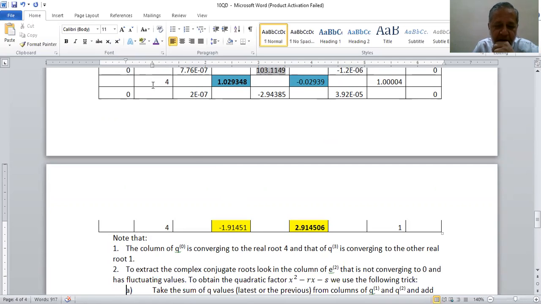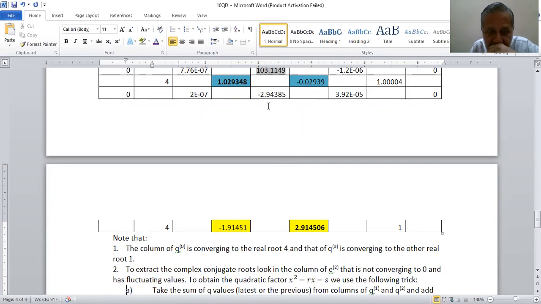This is column Q0. And the column Q last is converging to the real root 1. QD algorithm में ऐसा होना था कि real root जो है वो तो आ जाएगा. To extract the complex root, we look into the column of E2, and that is not converging to 0.